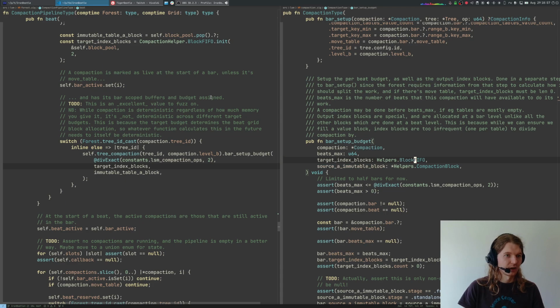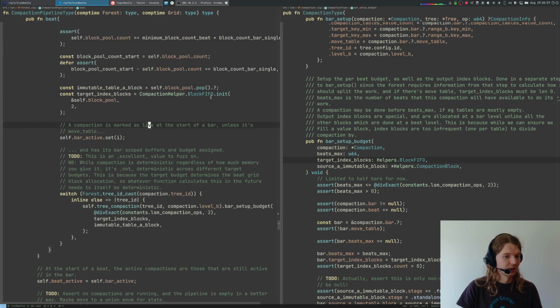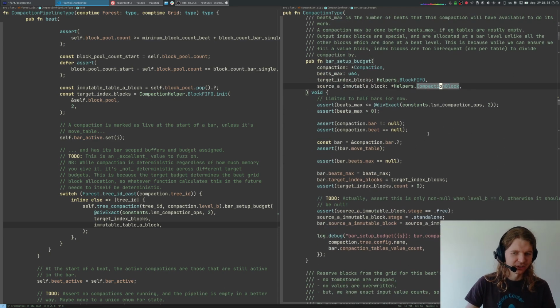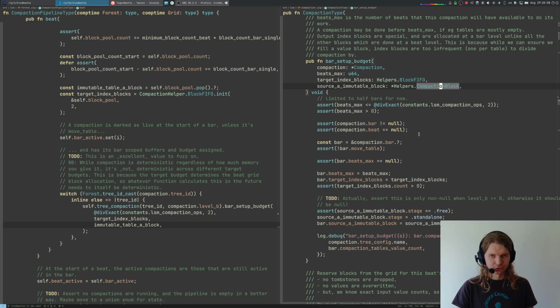How can it be a block FIFO? Well, okay, yeah, because it's... Okay, yeah. Why are these in the opposite order? Okay, so this thing is this thing, which is indeed block FIFO, and this thing is that thing which was actually first, which is actually the compaction block. Okay, kind of makes sense, but not really.